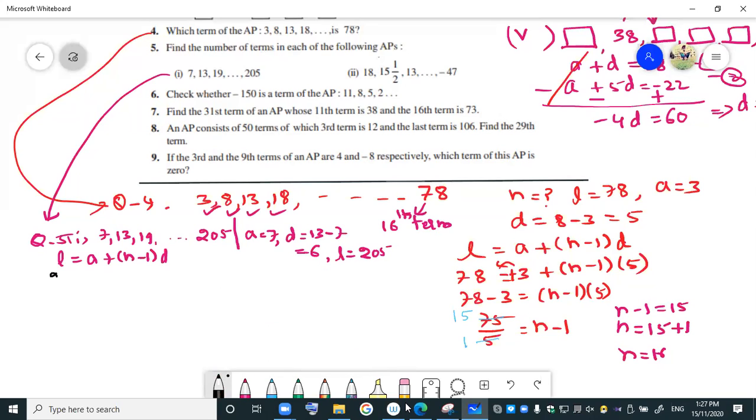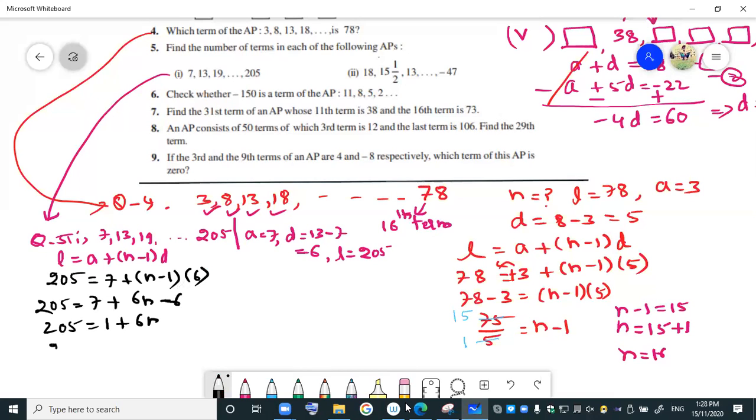So substitute the values. Last term is 205, first term is 7, common difference is 6. We have to find the number of terms, that is, which term of this series will be 205. Now I will do another way. Here I have done by taking 3 this side and dividing. You can do it this way also: 7 plus, multiply 6 inside, 6n minus 6. Solve the left hand side: 7 minus 6 is 1, plus 6n.